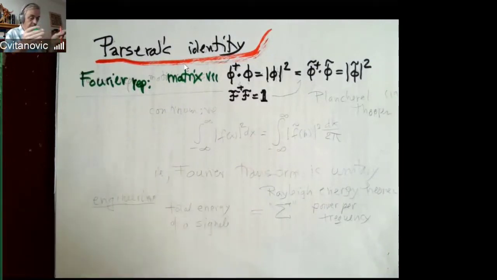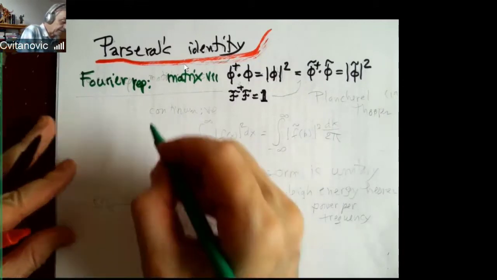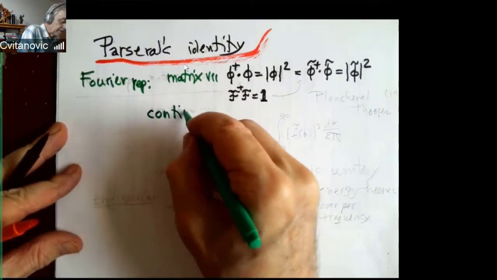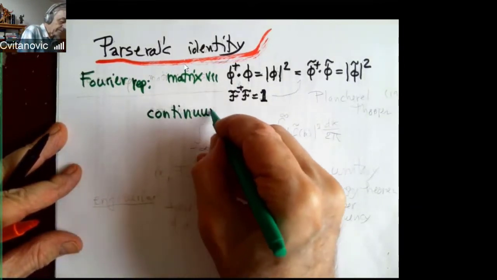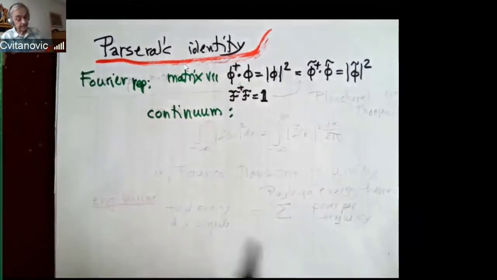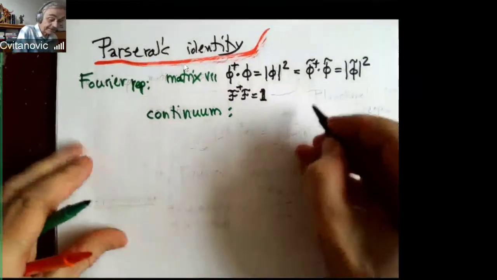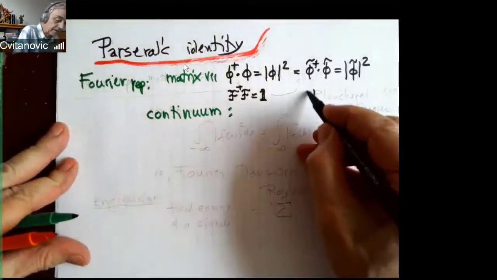That's called Parseval's identity if you're on discrete Fourier sets. But we have found out that the continuum makes much more sense. Now it's elevated to a theorem. It's still an identity, but now it's a theorem.